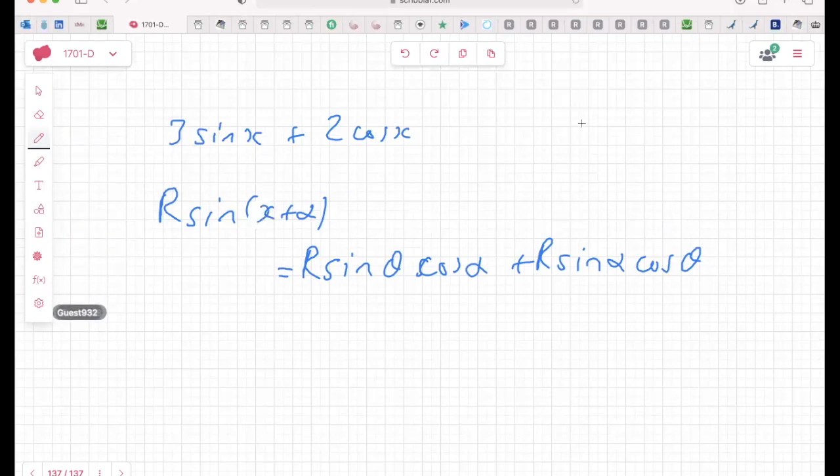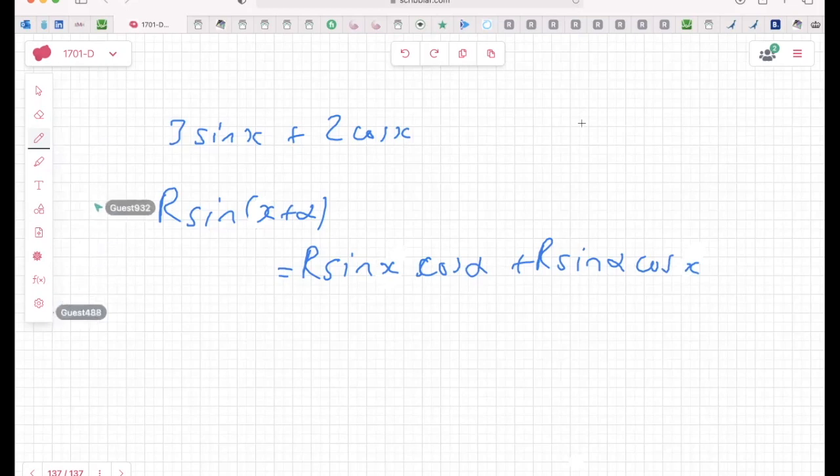So any theta, I'm just replacing with an x now. Okay. So it's r sine x plus alpha. Okay, so times that by r is going to be r sine x cos alpha plus r sine alpha cos x. Now I can compare the coefficients because both of them contain sine x and cos x.